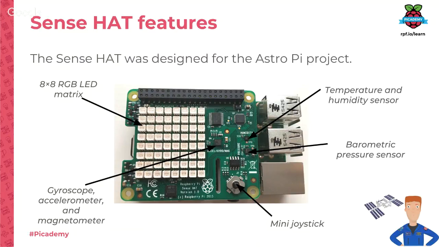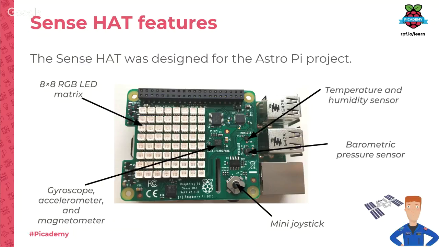And we'll talk a bit more about RGB mixing later on. We also have on the board a whole suite of sensors. This chip here can sense temperature and humidity. This chip here can sense the barometric pressure. We have a chip over here which can sense the accelerometer values from the board, so it can sense the orientation of the SenseHat. And finally, we have a mini joystick there, which we can use to control various things.